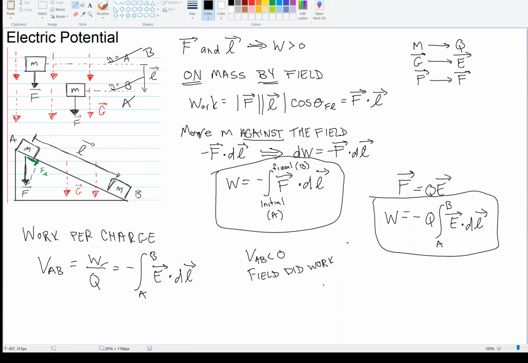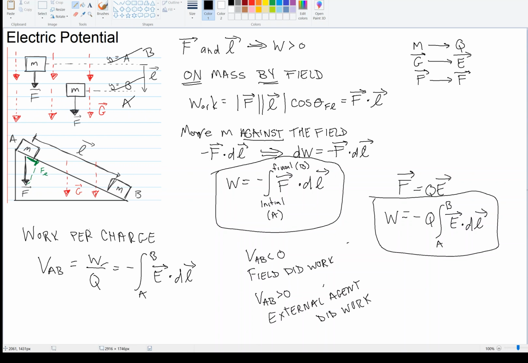Now, alternatively, if we find that VAB is positive, then there is a gain in energy, and the external agent did the work.